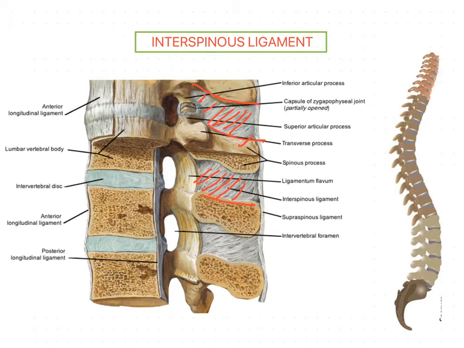There is a sheet of fibers connecting from the root of the spinous process to the apex of the spinous process of the two adjacent vertebrae. Such interspinous ligaments can be found from between C1 and C2 down to between L5 and S1.